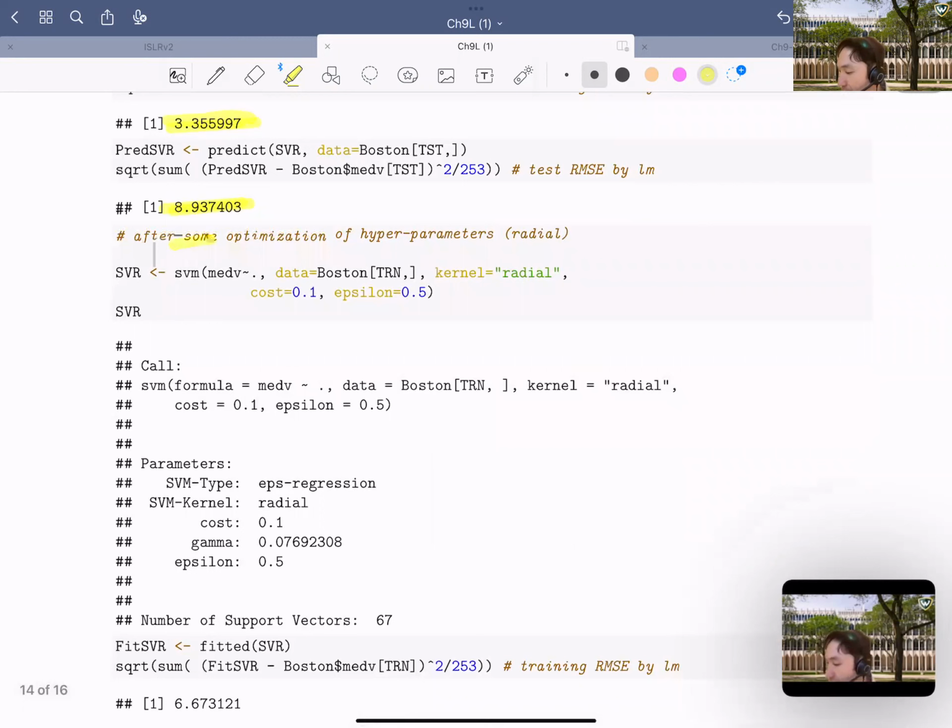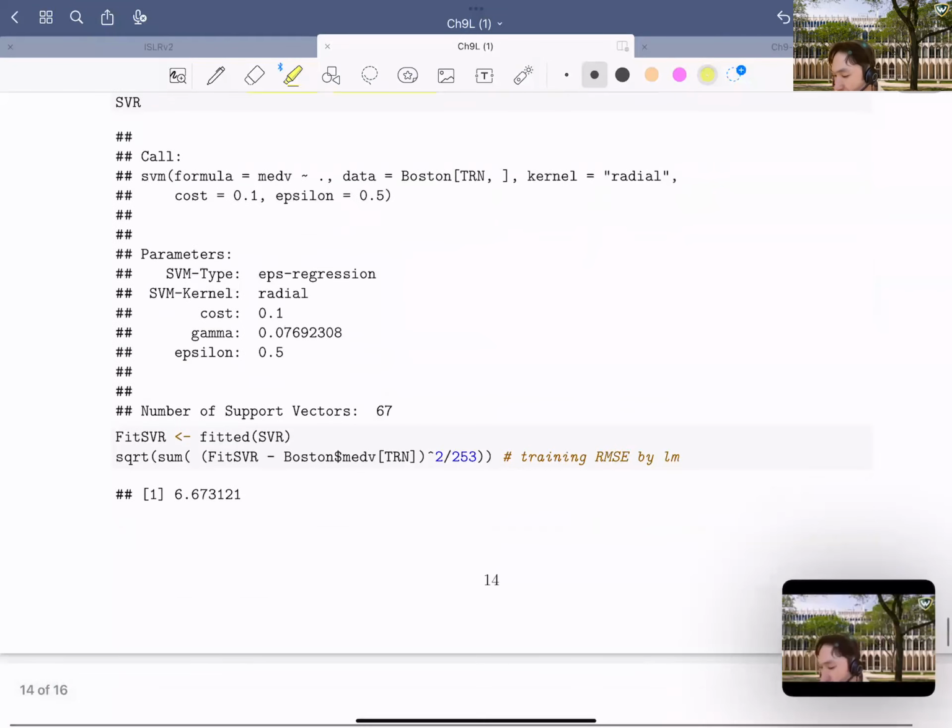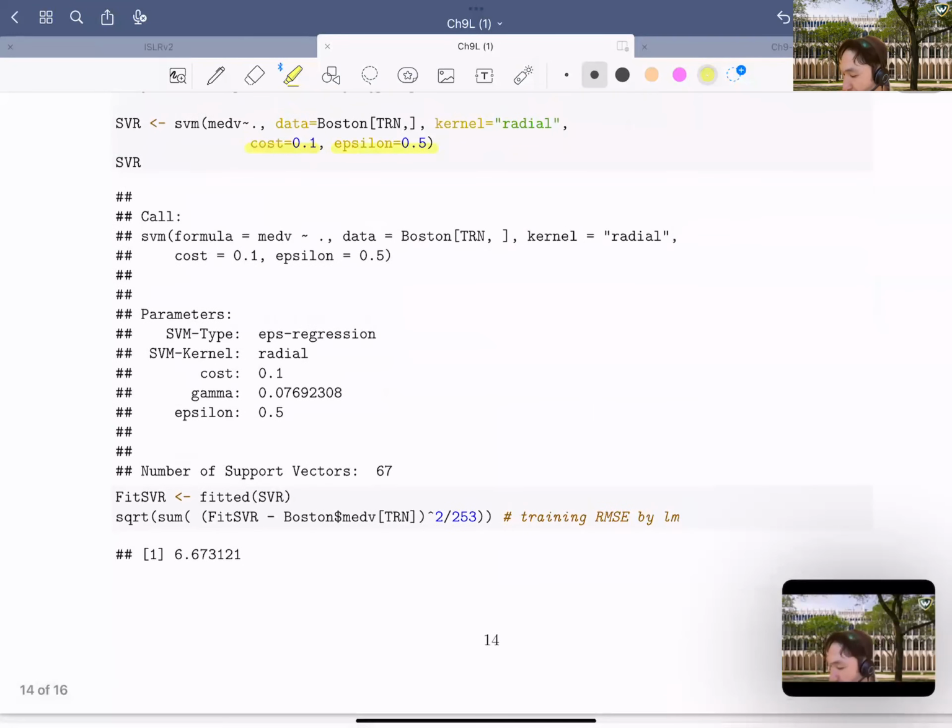Now we optimize some hyperparameters. I didn't show all the details, but I found that cost of 0.1 and epsilon of 0.5 looks good. Possibly you can also change gamma to make it better. Now we got the training error of 6.67.